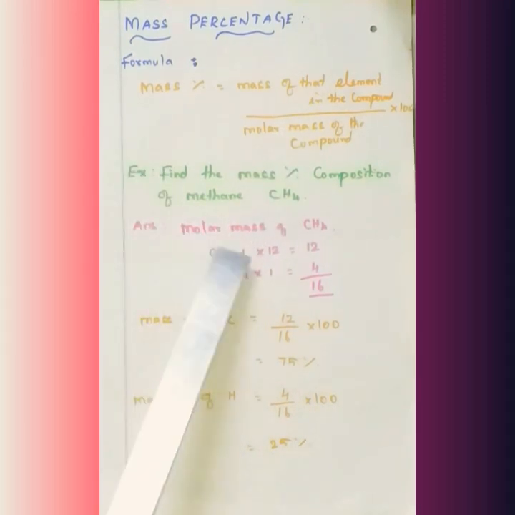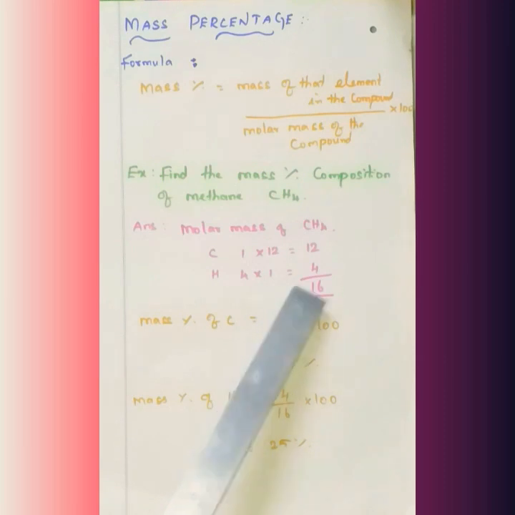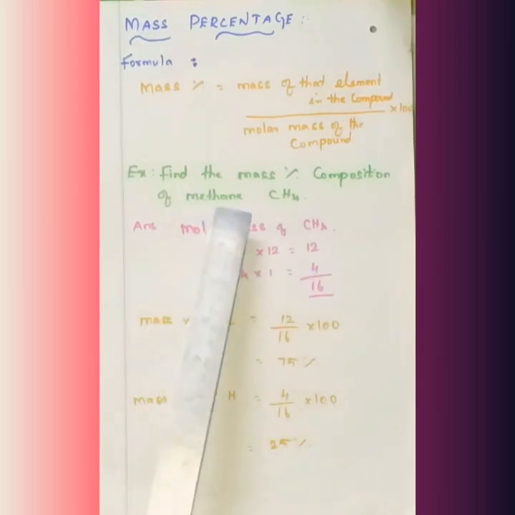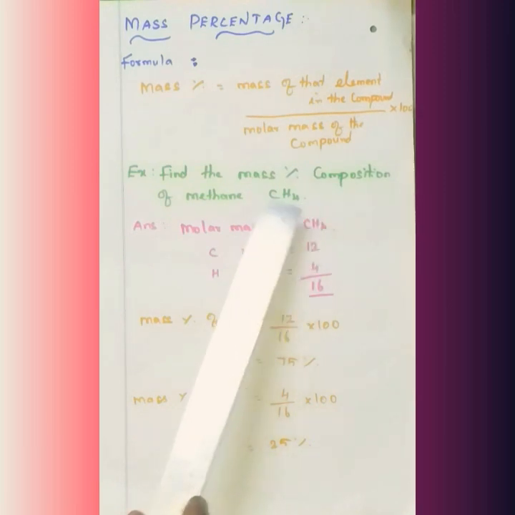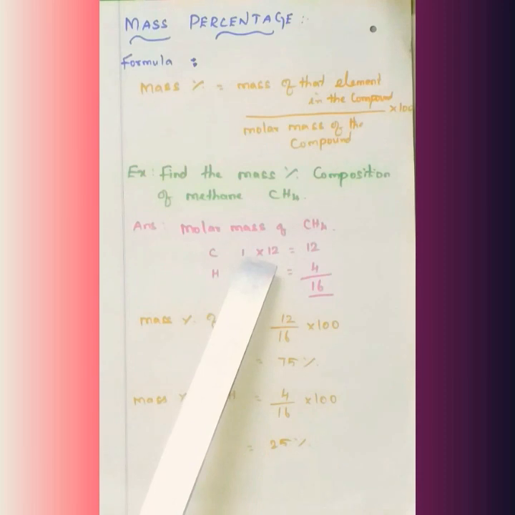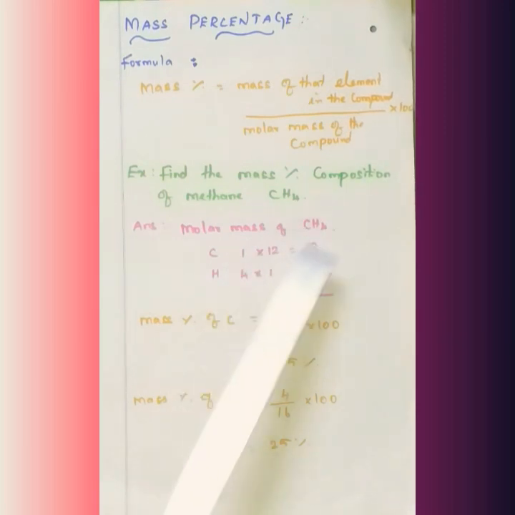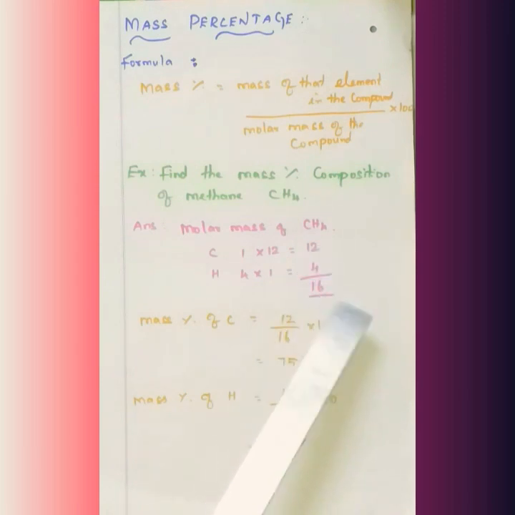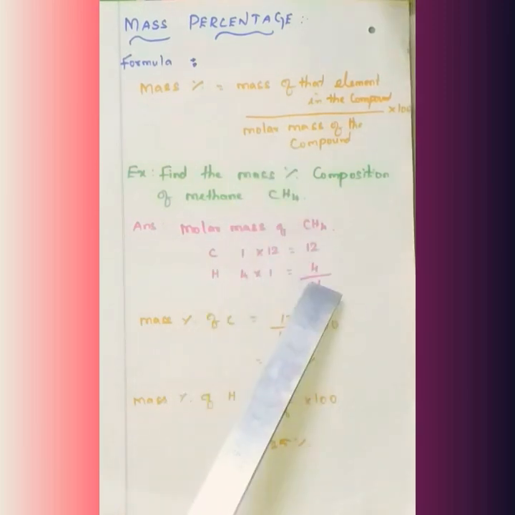The similar way, we first find out the molar mass and then we divide to get the mass percentage. Methane CH4: there is only one carbon and 4 hydrogen, 4 into 1, so totally 16. So 16 is the molar mass.